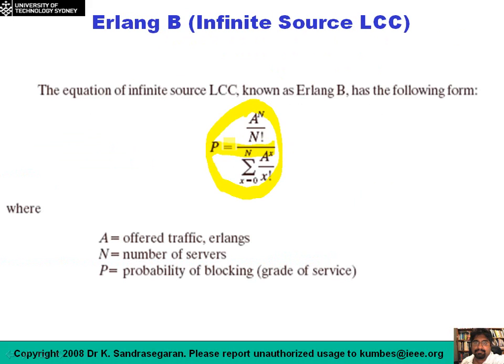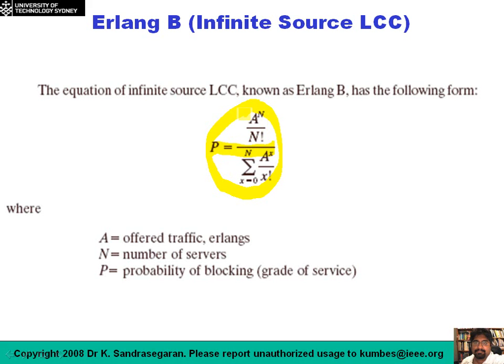Erlang came up with a formula that gives you an expression between the probability of blocking, the traffic A in Erlangs, and N being the number of channels, or number of servers, that are available.